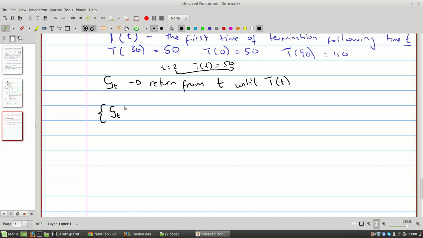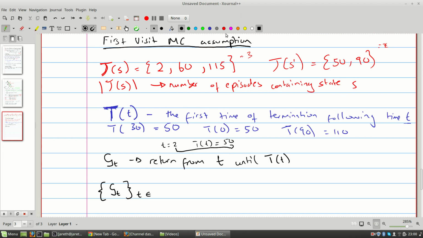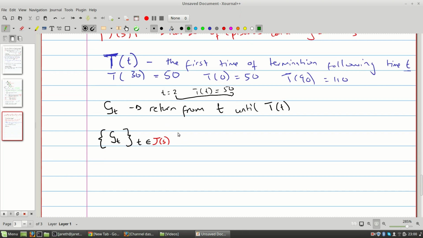So G_t for t an element of tau of s. What is this representing essentially?